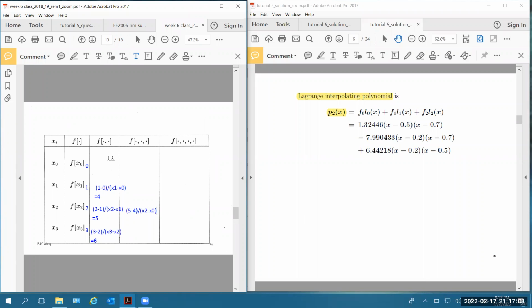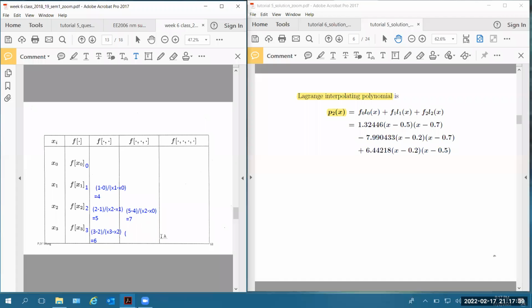We realize that just now, in the column before, this is first order. You realize that the x is just one step: x1 minus x0, x2 minus x1, x3 minus x2. But now, because we are doing second order, your x is actually 2 steps. So x2 minus x0. Let me call this number 7. Now I go and fill up this.